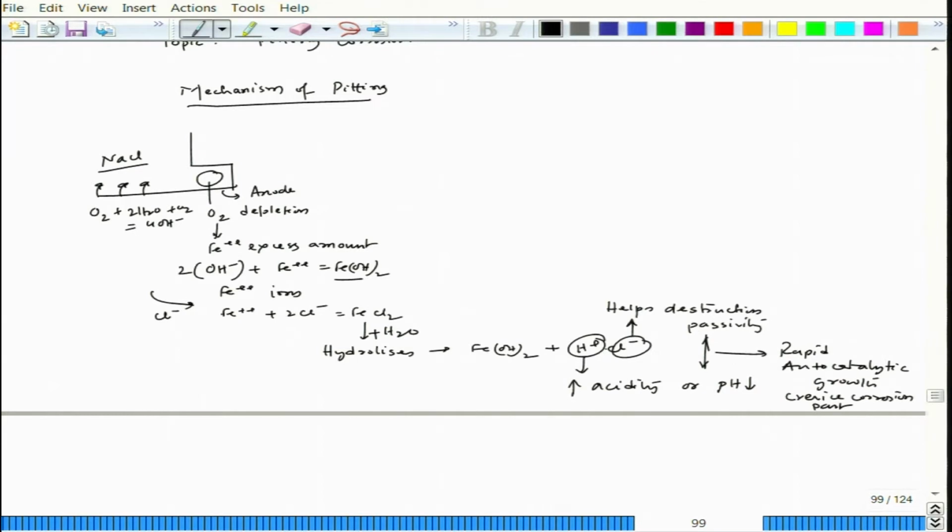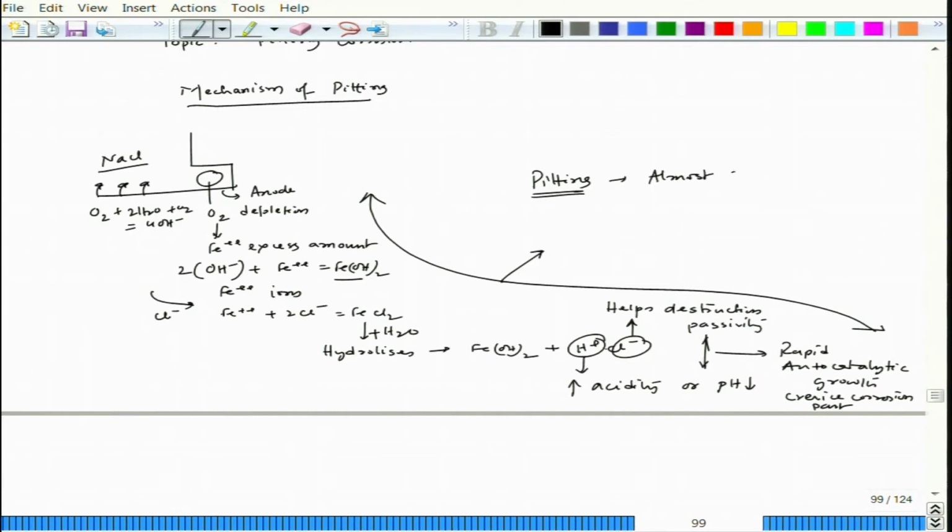Interestingly, the mechanism of pitting becomes exactly the same; this entire part holds for pitting with almost a similar mechanism.